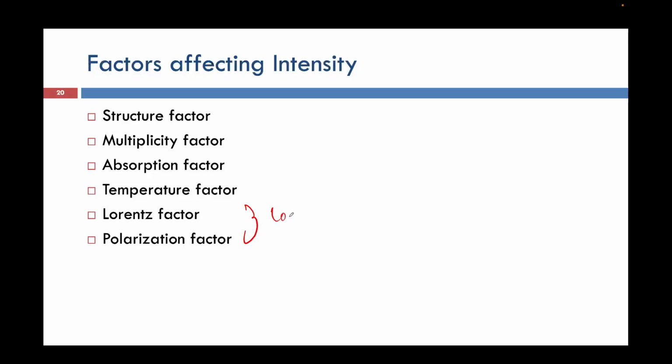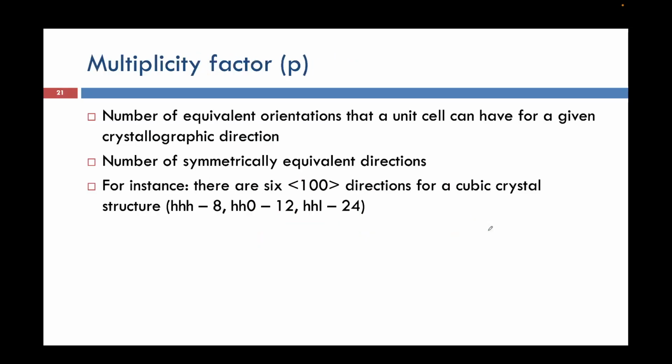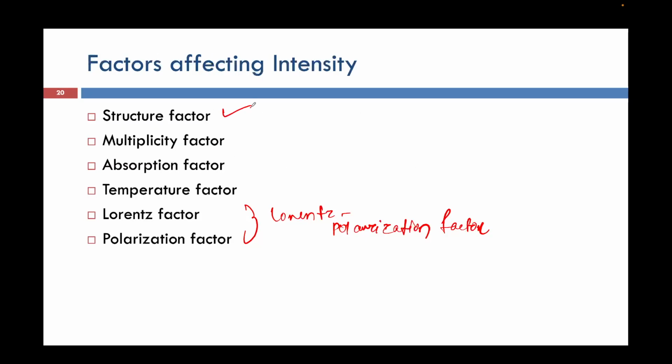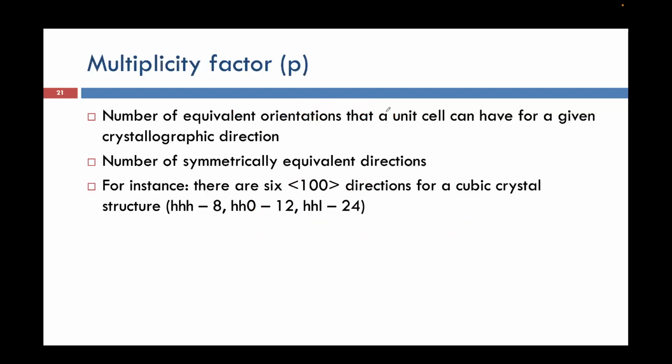Many times we write these as the Lorentz polarization factor, combining the two. We have known the absorption factor earlier, when the X-ray comes and how the absorption takes place. For the structure factor, we have studied how it directly influences the intensity through its square.